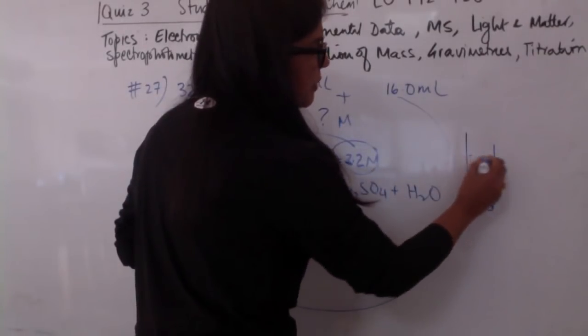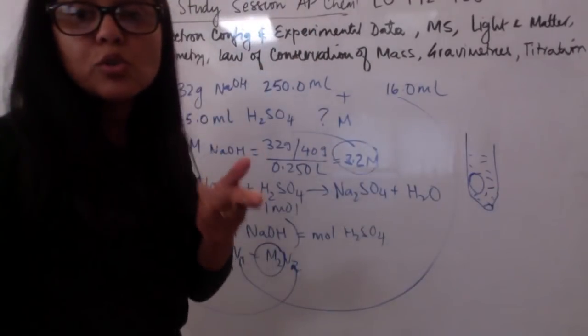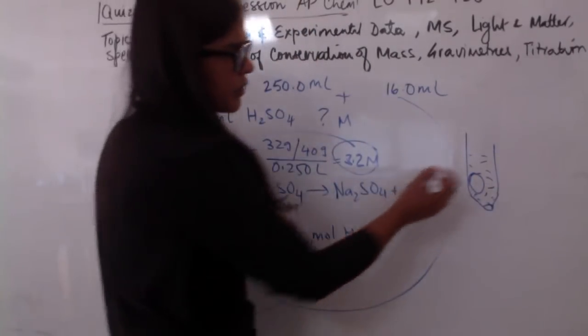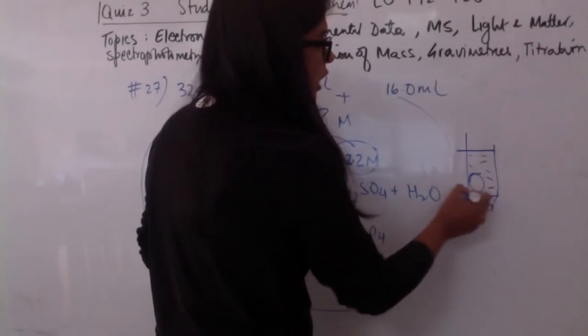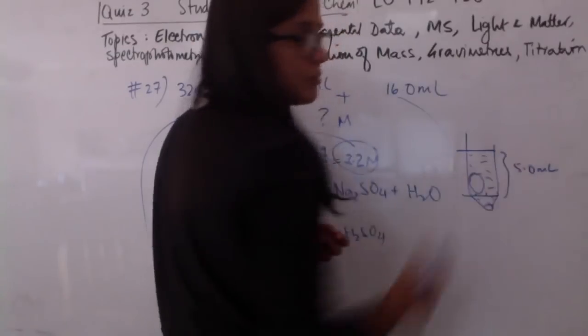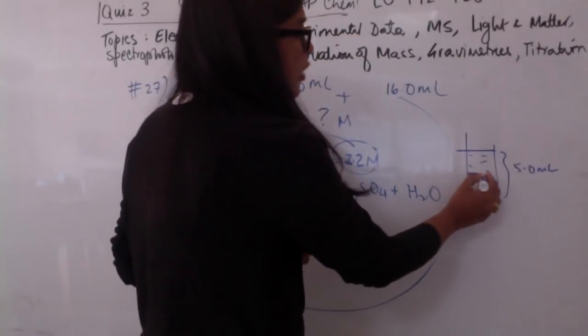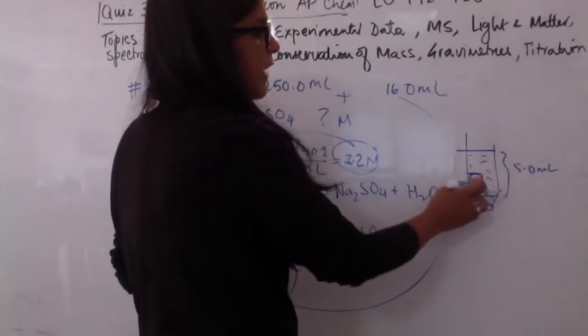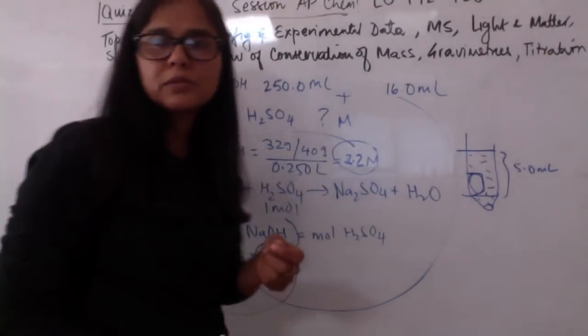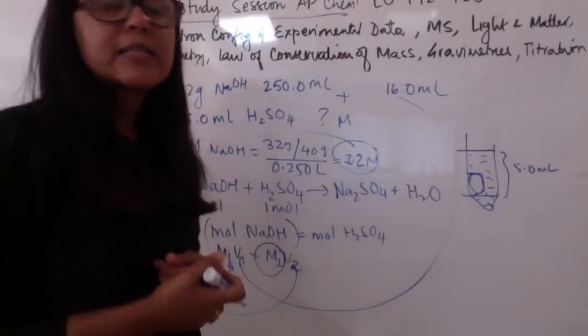So if there is an air bubble, then you're actually delivering lesser volume than you are reading. This is an exaggerated air bubble. It won't be that bad, but you don't know there is an air bubble. So you will be reading all this volume that you've dropped, let's say 5 mL, but really you have only added 5 minus the volume of the air bubble. So you will take larger volume to neutralize the same moles.